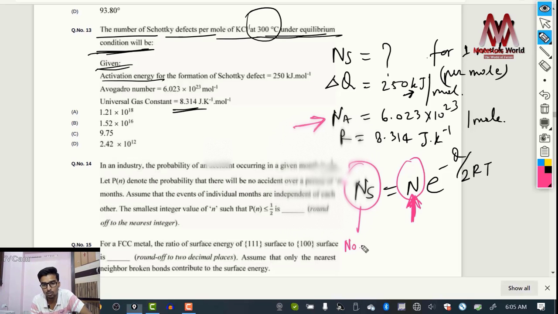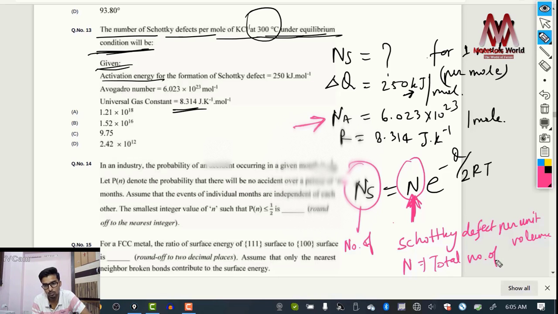Ns is the number of Schottky defects per unit volume, and N is the total number of atomic sites per unit volume.